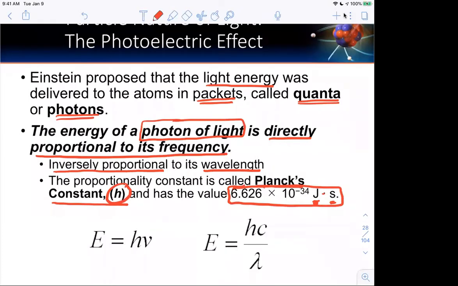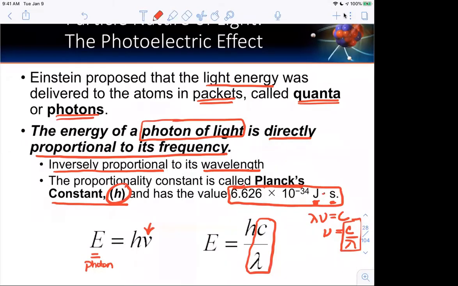So here are two new equations. The energy, and this is of one single photon, is equal to Planck's constant times the frequency of that photon. Now, because lambda nu is equal to c, lambda is equal to c over nu, I can substitute this for my nu, and I have a different equation.